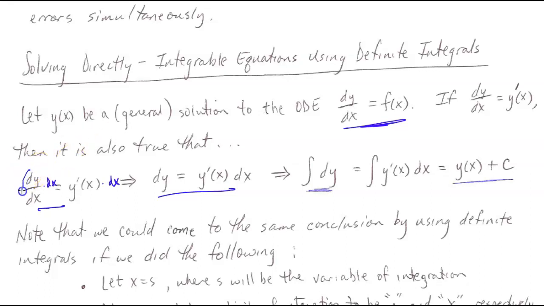I'm only saying that because dy over dx can be translated as y prime of x, so this really isn't something that you can break up. But when you do a deep dive into the actual definition of dy over dx, you find that, yeah, you actually could break it up depending upon how you interpret it.